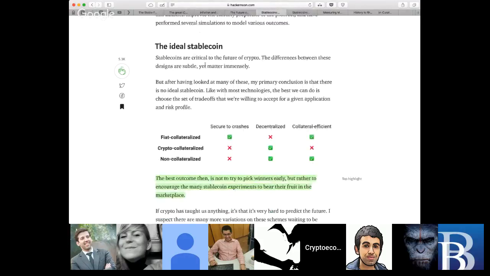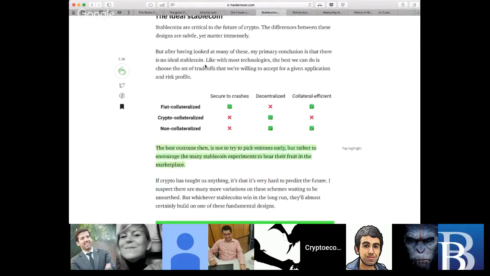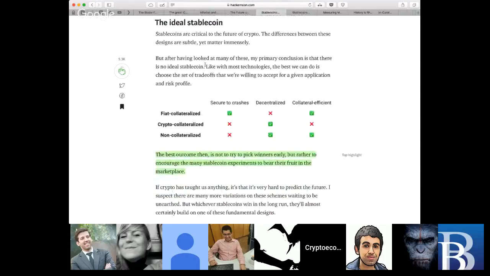Okay, so they conclude the article by saying that there is no optimal design. By optimal here, they mention 3 elements: secure to crashes, decentralized, and collateral efficient, right?